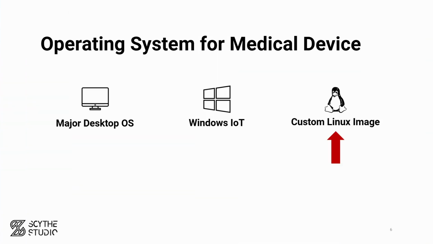Next option, different than desktop-grade operating system, is having a custom embedded Linux image. It means that you have to create your own Linux image using Buildroot or Yocto, and it allows you to choose only those packages, parts of the system, drivers that will be needed for your device to operate right.